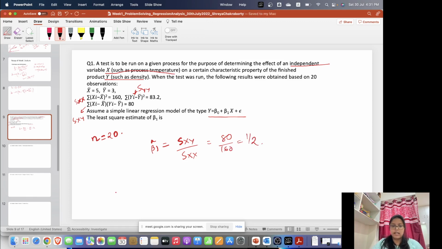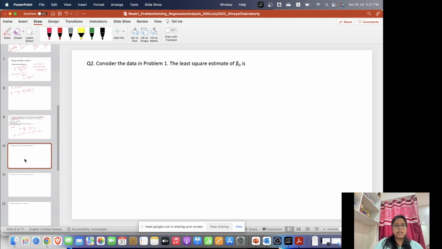And here again, if we had to find beta naught, it would be 3 minus half into 5, which is half again. Okay. So for the next problem, this was also the least square estimate of beta naught. This came out to be half.